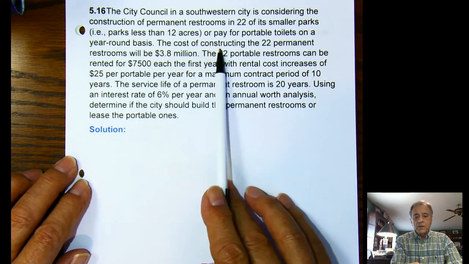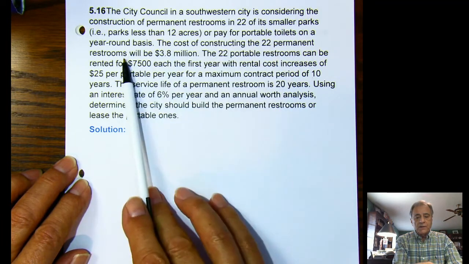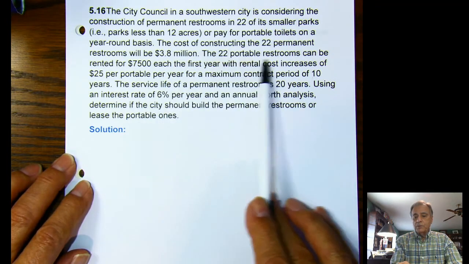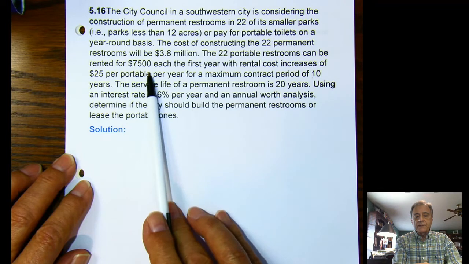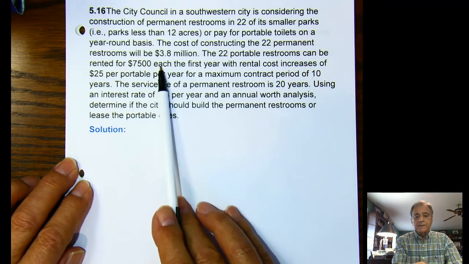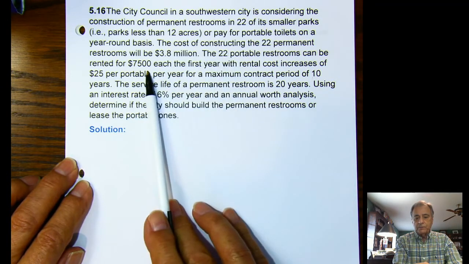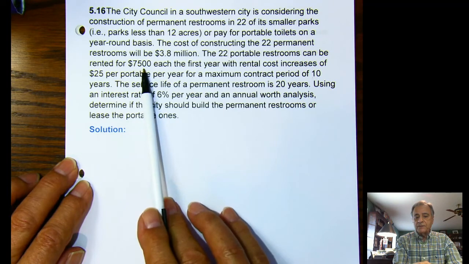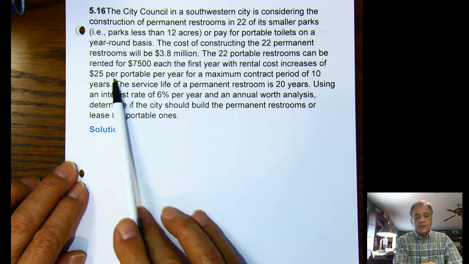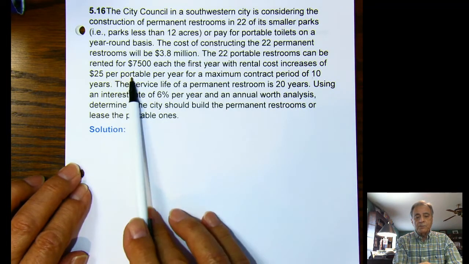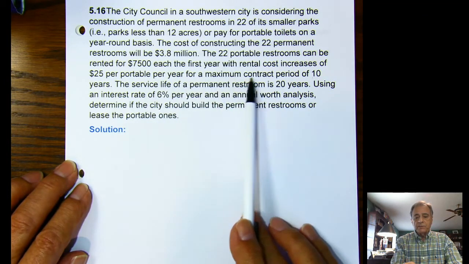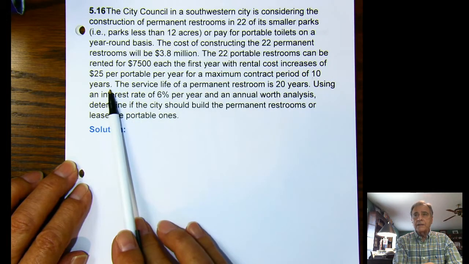The cost of constructing the 22 permanent restrooms will be $3.8 million. The 22 portable restrooms can be rented for $7,500 each the first year, with rental cost increases of $25 per portable per year, for a maximum contract period of 10 years.